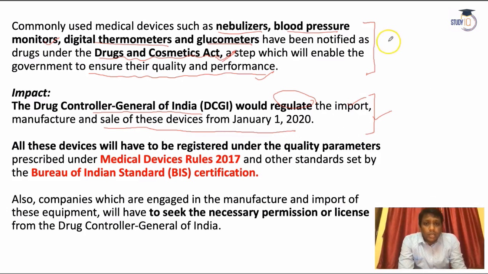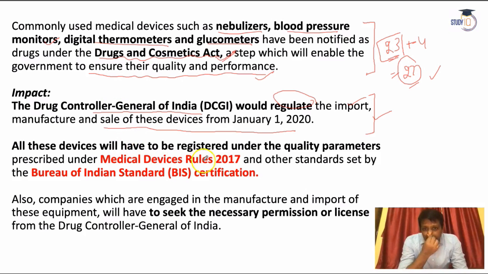Total 23 devices were already under this checking procedure and rules and regulations under this act. 4 more added, so total 27 devices right now. All these devices will be registered under the quality parameters prescribed under the Medical Device Rules 2017 and other standards set by the Bureau of Indian Standards certification.